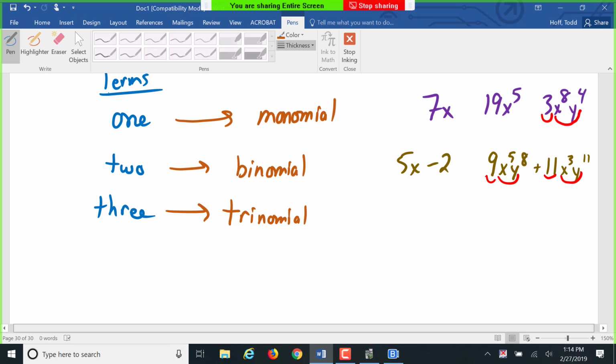So our trinomials, most common trinomials look something like 2x squared minus 9x plus 5. But it could be any combination of 3 algebraic terms. Could be 7x squared y to the 5th plus 2z minus 8. That's also a trinomial. There's 3 separate terms, 3 counts along with its names.